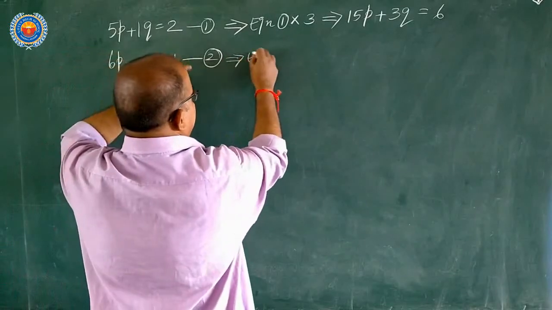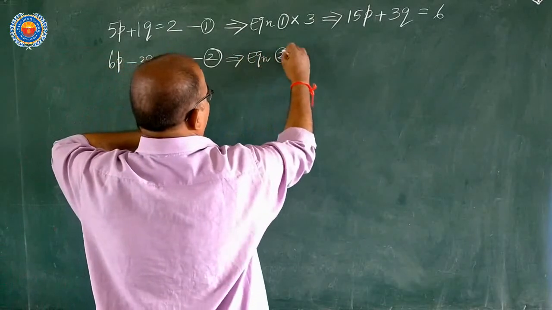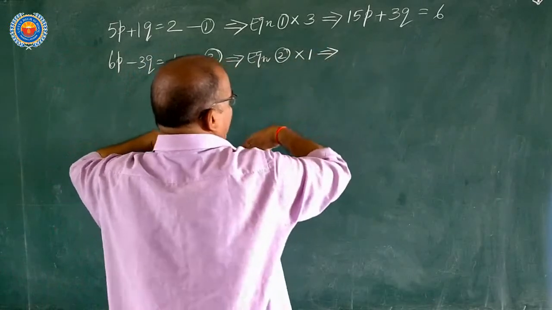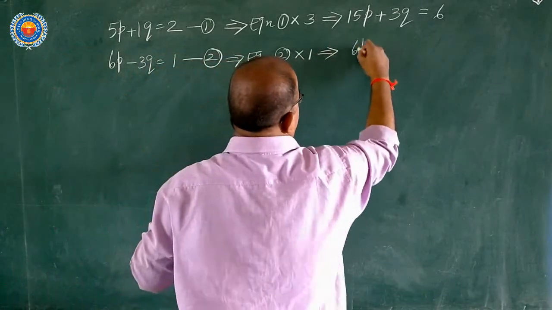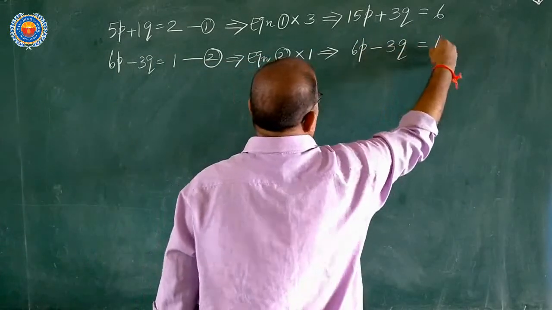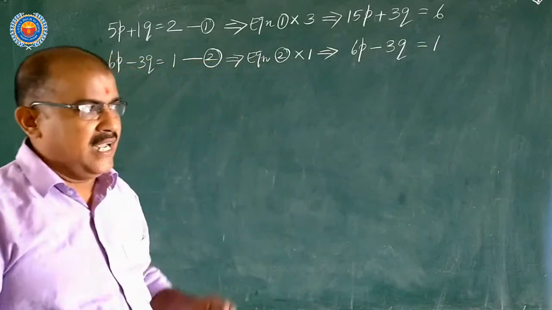Equation 2, as it is I am writing, that's why I am multiplying with 1: 6p minus 3q is equal to 1. The same equation I have written.